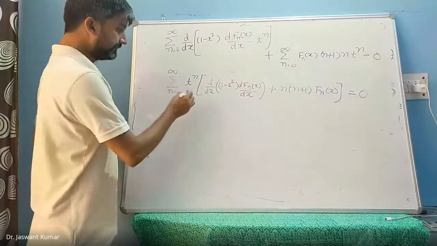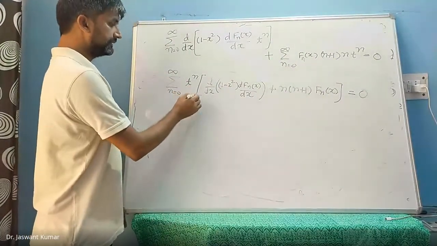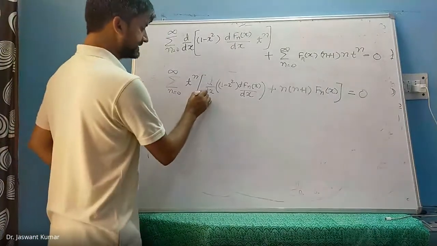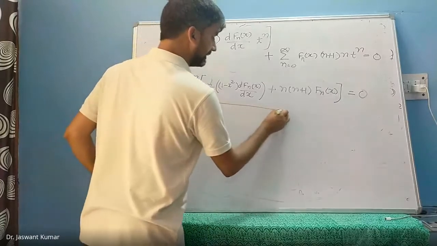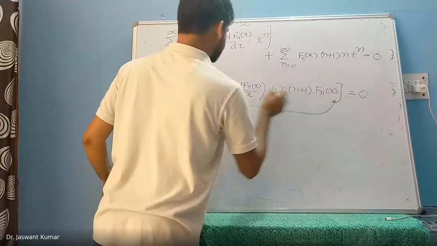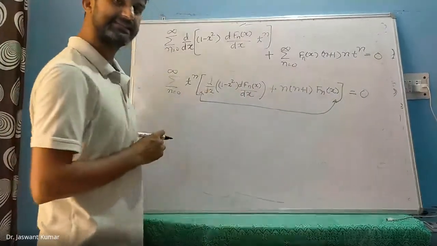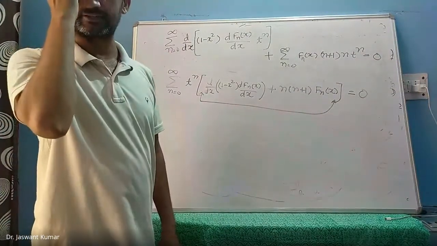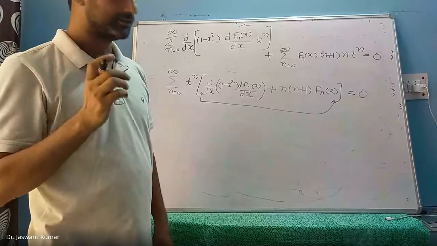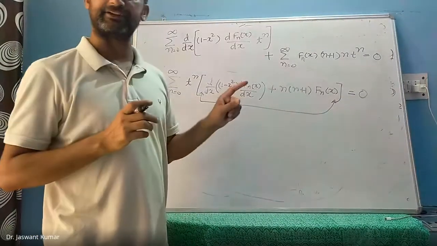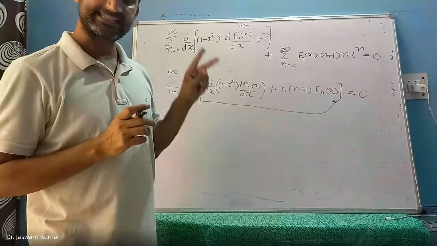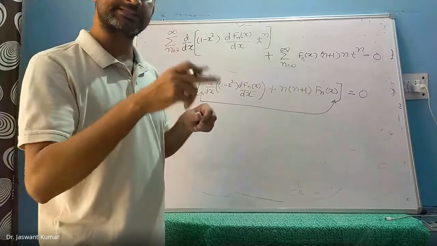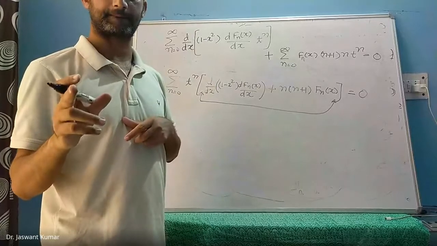Now other than t to the power n, this seems like a differential equation which is similar to Legendre's differential equation. So that means this f n x that we are getting is some function which is proportional to P n x.